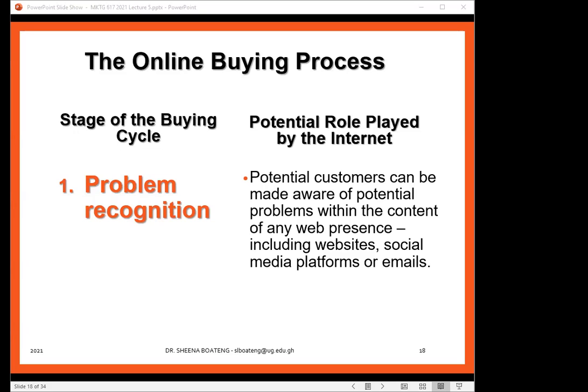Then all of a sudden, you see a particular seller online advertising it and you're like, I need this item in my life. Has that happened to you before? Yeah, several times. Exactly. Yes, sir. You are casually browsing online and then you see something like, hey, I need this thing. It will help me do this. That is the power of the internet and how we as e-marketers can use it to push communication that will trigger certain needs in our customers, right? And definitely because you triggered it, the moment they want to go ahead and obtain that item, it is your brand that comes to mind first.